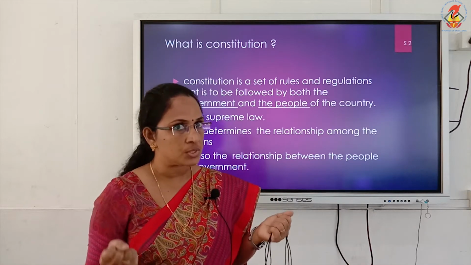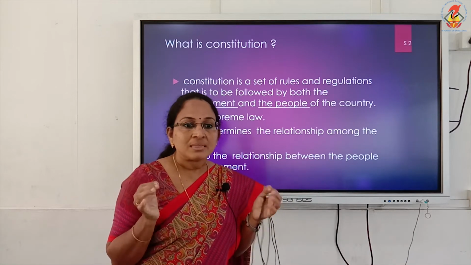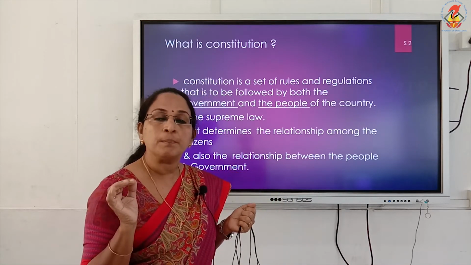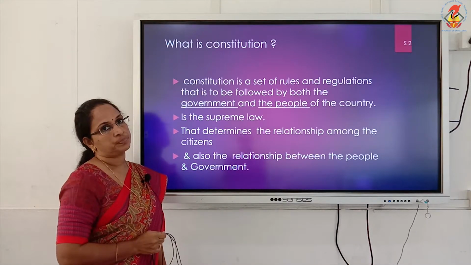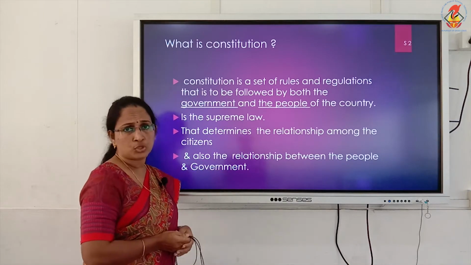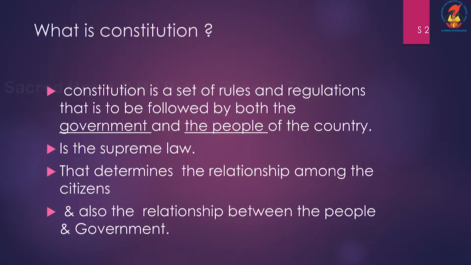So what is a constitution? It is a set of rules and regulations that is to be followed by both the government and the people of the country. Both have to follow, children. People of the country means the citizens, and it is the supreme law.